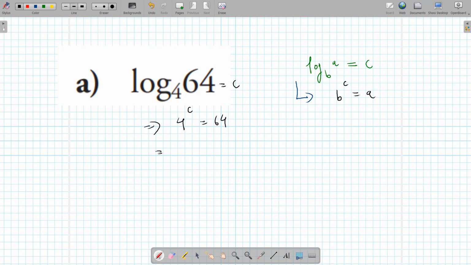Now, what's 64 in terms of 4? 4 power what? Is it 2, 3, or 4? 4 to the power of something is 64. 3. Yeah. Now notice the bases are the same. Cancels out, c is 3. That's how you solve or evaluate this, okay?